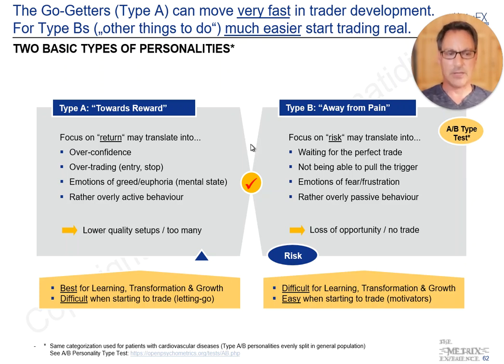So I experienced that the balanced types, or those that are slightly skewed towards the Type B, are the best traders, because they can progress relatively quickly through their trader development, and then they can relatively easily start and trade the live markets without much FOMO, because FOMO is one of the big things you need to let go of once you start to trade live.